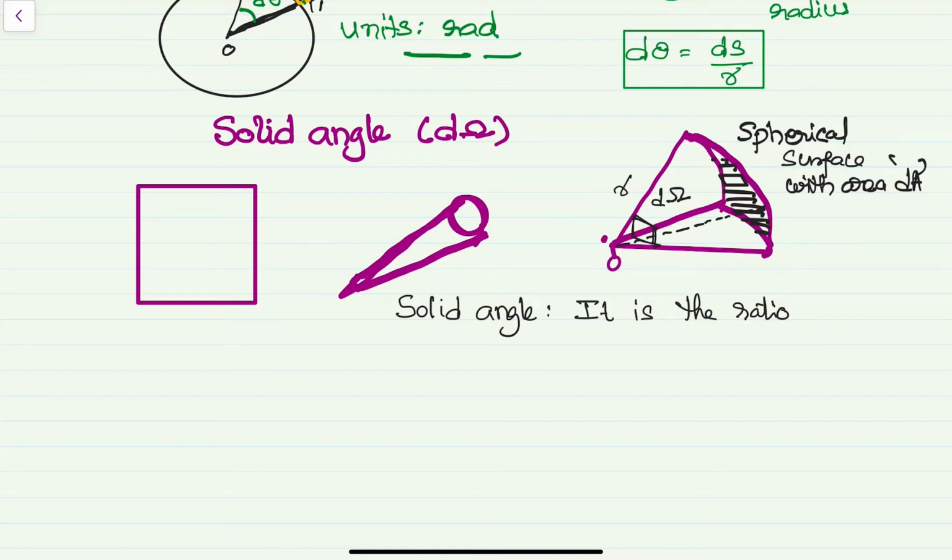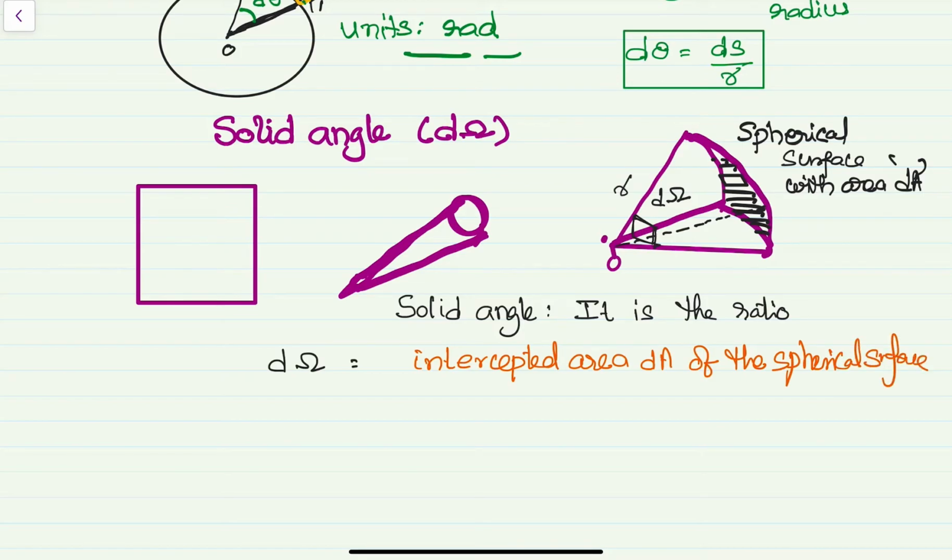It is a ratio of the intercepted spherical area dA of the spherical surface by the square of the radius.